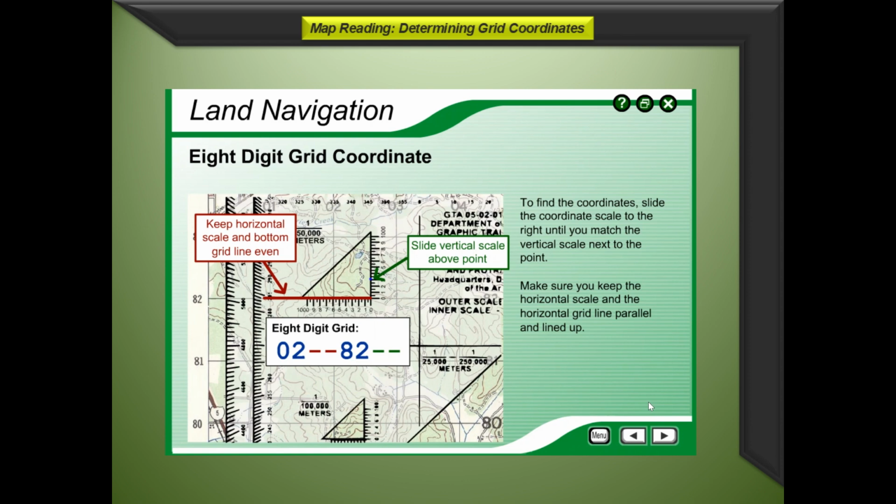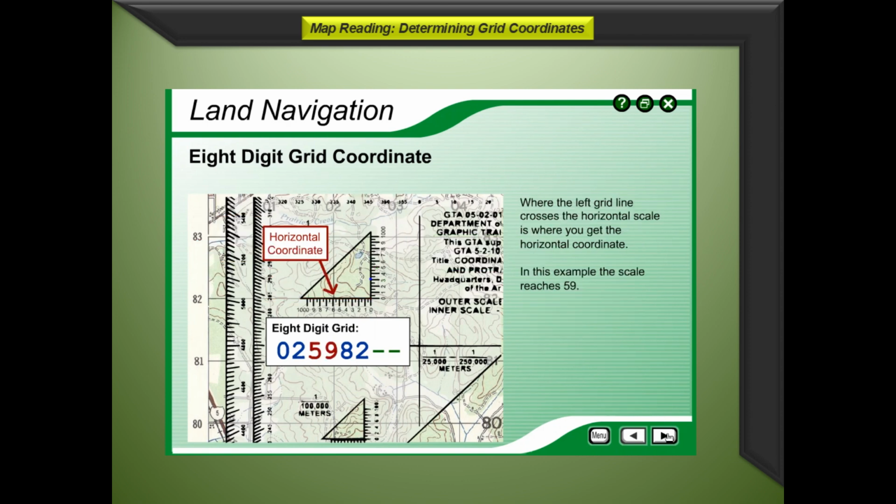By just doing a quick glance, we would see that here is our start point right along this line that I am showing you on your screen, and it follows all the way down. A quick glance would have it as a 6. But if you really look closely, you'll see it is just behind the 6. So we would round it down a little bit, and that would be 5-9. That's how we went right, and then now we come on up, and it's kind of blocked out, but that would be the 3, and we see that it's just above the 3.